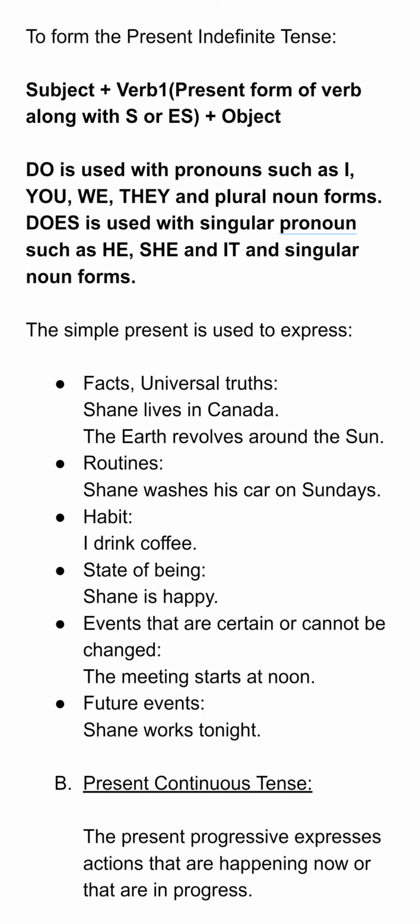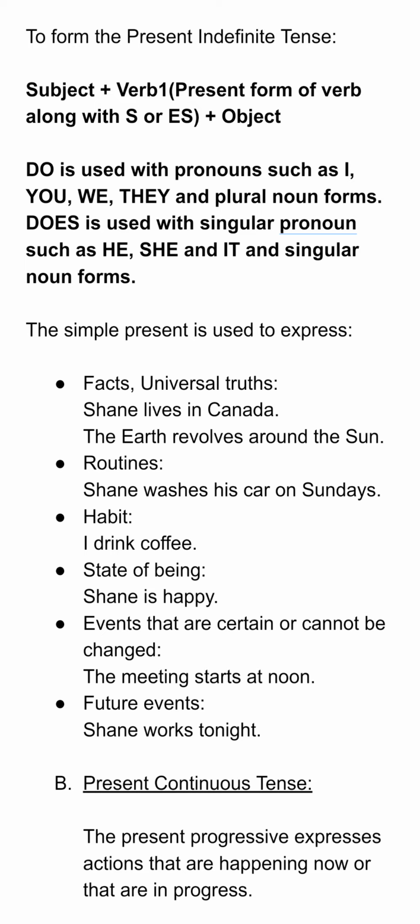Next one is habit. I drink coffee. Next, state of being. For example, Shane is happy. Happy is the state of being here. The next one that comes is events that are certain or cannot be changed.